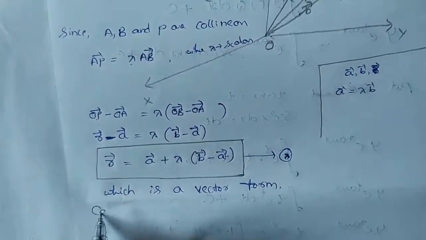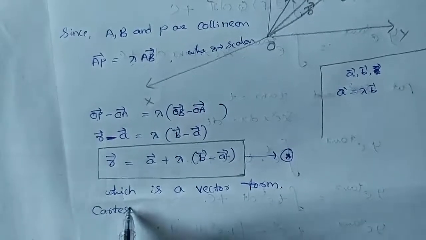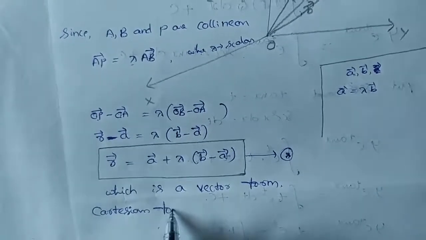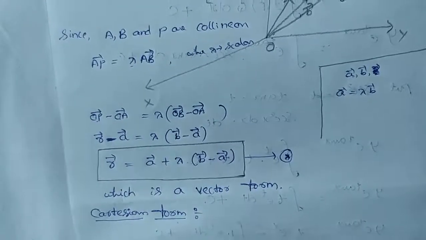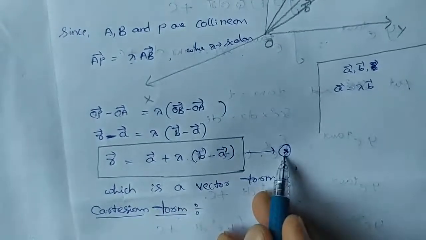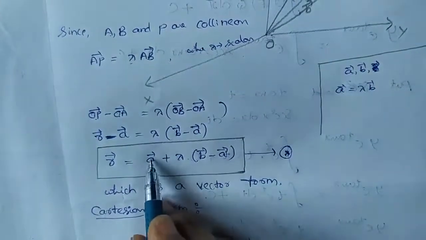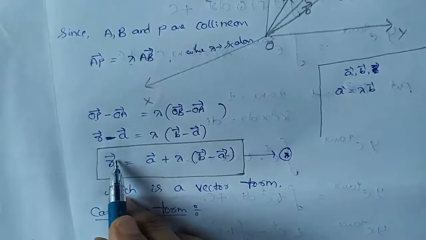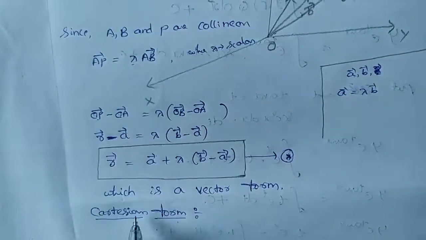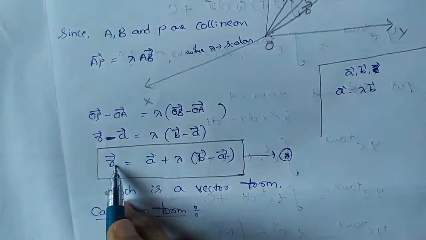Now we have to find the Cartesian form. Cartesian form is nothing but we have to eliminate the vector components. In equation star we have A vector, B vector and R vector, right? So now in the Cartesian form we have to eliminate these vectors.